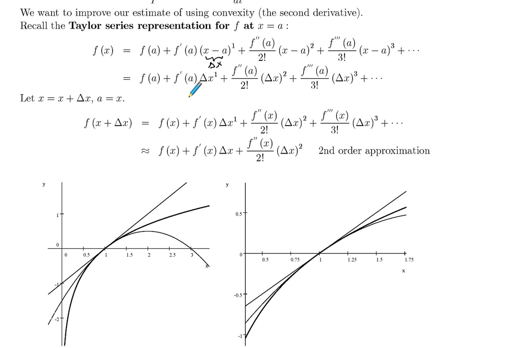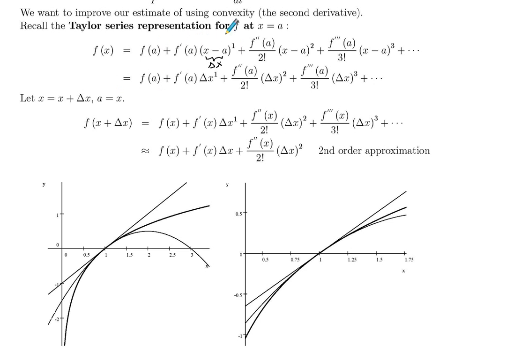Well, we want to make a little bit of substitution here so that we can use the Taylor series for approximation of a function. So assuming that we have a Taylor series representation for the function, if we do the substitution x for x plus delta x, so wherever there's an x up here all the way through, we're going to plug in x plus delta x, and for a we're going to substitute x.